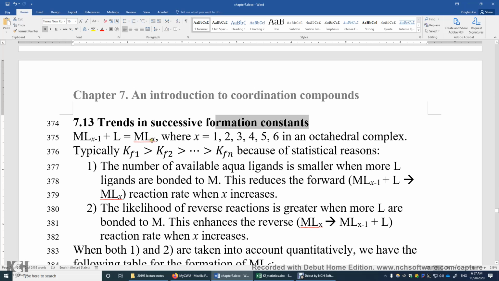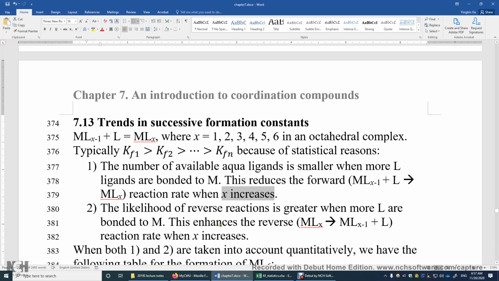So that means if you have a larger number X, then the reverse reaction rate is going to be greater. So now we have 2 reasons. When X increases, the forward reaction rate is reduced. Meanwhile, the reverse reaction rate is enhanced.